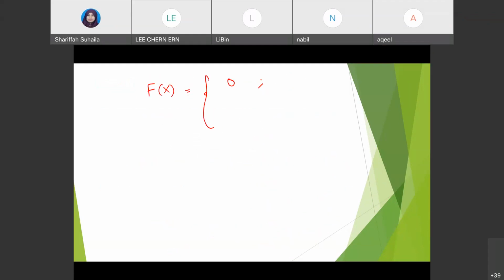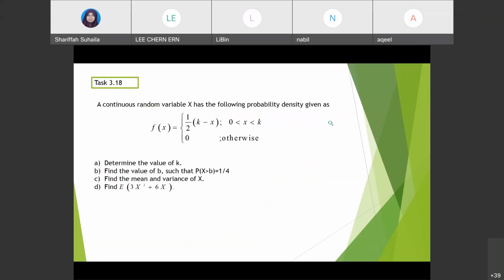And then kita ada apa here? x cube over 8, and 1. Okay, itu kamu punya cumulative.